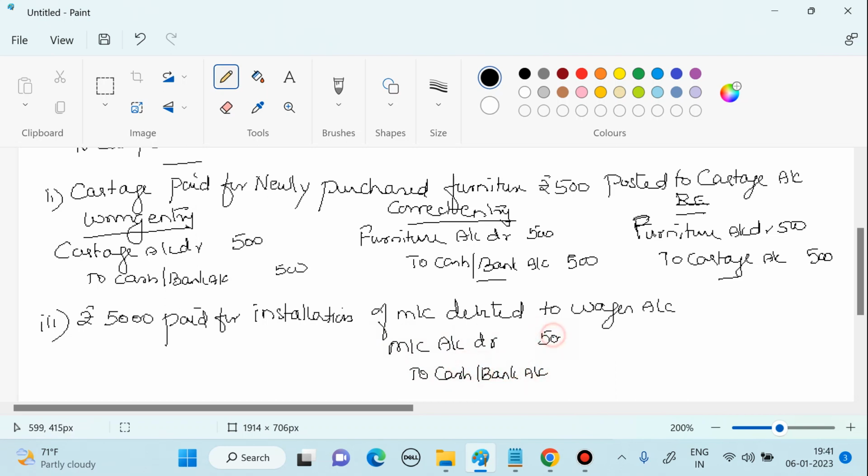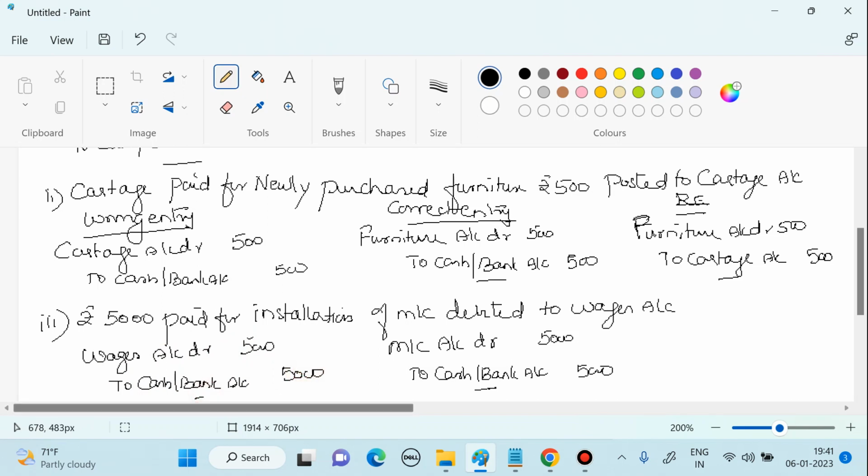Very good. But what happened? They debited wages account, credited cash or bank. This was what they passed in the books by mistake.